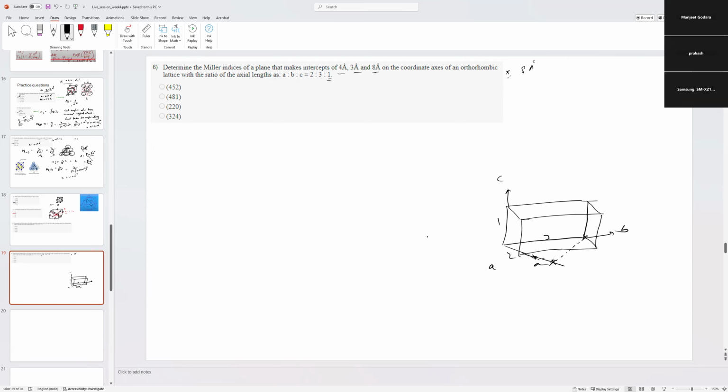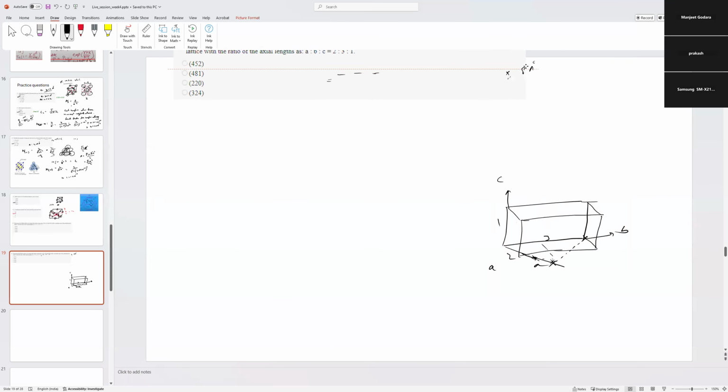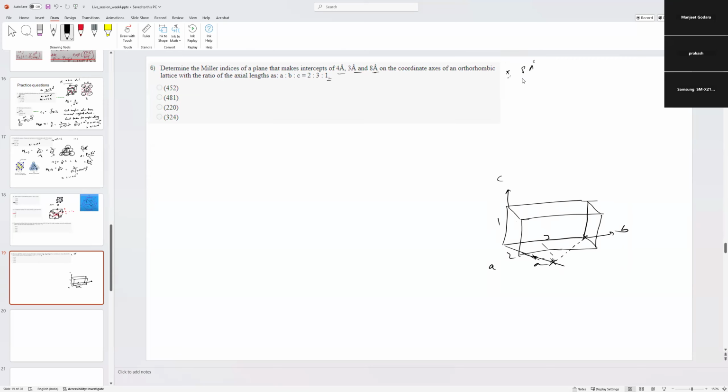So if you join these, it's too far apart, so to make things simpler for us, let's assume this one is somewhere over here, 8 angstroms.